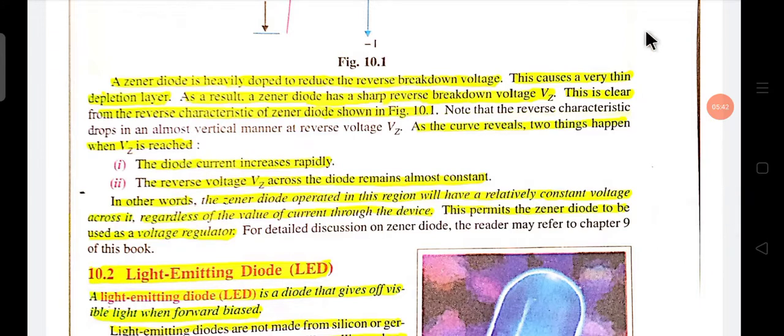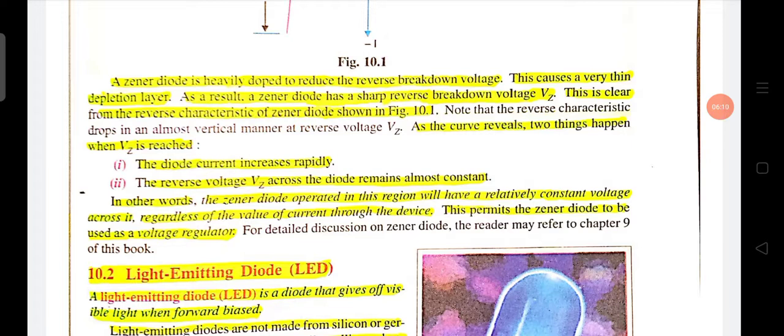A Zener diode is heavily doped to reduce the reverse breakdown voltage. Previously I told you that doping means mixing impurity into the semiconductor, like trivalent impurity for p-type and pentavalent impurity for n-type semiconductor.